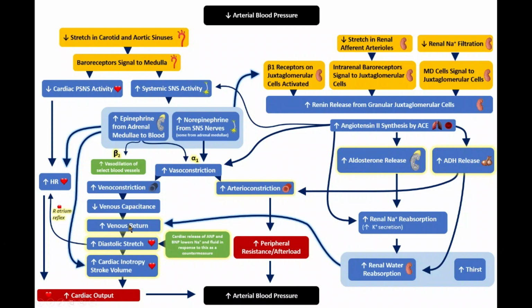Okay, so here we have venous return, and then an increase in diastolic stretch. That means while the heart is filling, it's going to stretch more and more, and the more blood returning, the more stretch. Then we increase cardiac inotropy, or the force of the heart contraction, which increases the stroke volume, the volume of blood pumped per beat or systole cycle. You might think, well, it makes sense, right?